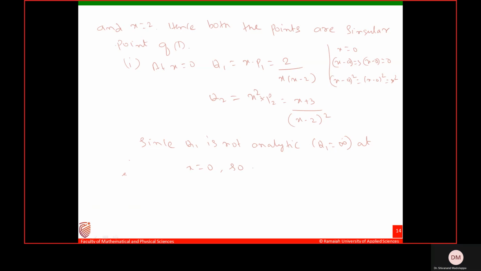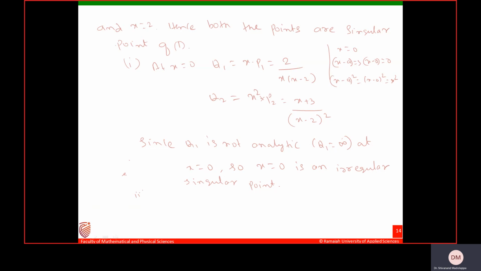So x is equal to 0 is an irregular singular point. But already we know the definition of regular and irregular singular point.